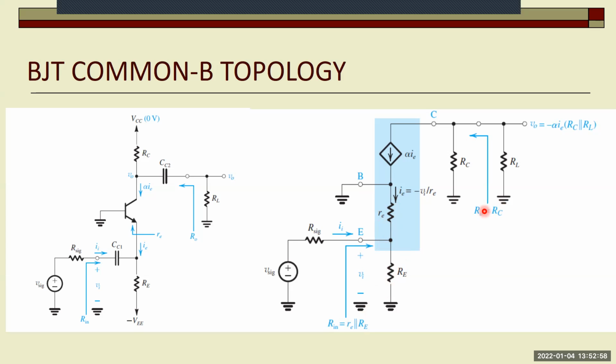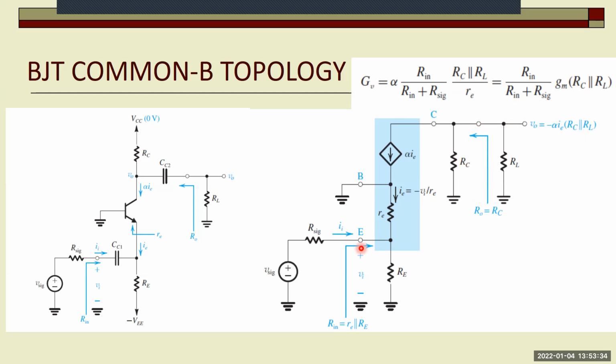So what is the output voltage then? The output voltage is whatever current flows over these two resistors, but since the current flows upwards with a minus sign, so minus alpha ie are seen in parallel to RL. Okay. What is the input voltage or signal voltage?